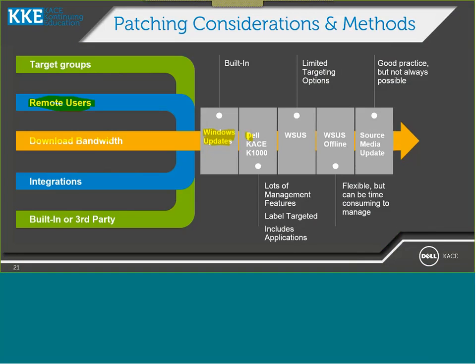We can hand it over to the K1000, so we run a patch job, a patch schedule, on the K1000. It's a similar problem. We have to run a detection and deployment. Now with the breadcrumb method, we can actually run a special patch job that automatically detects and deploys all missing patches with automatic reboots. So at least we don't need to watch the machine.